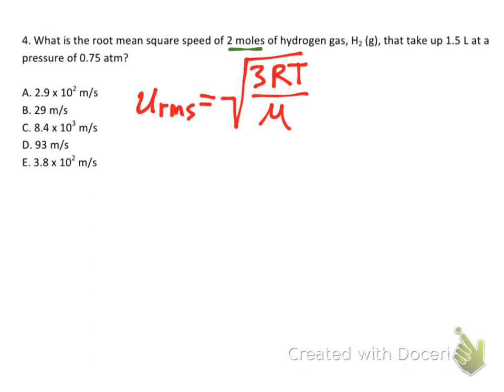We have a volume, V. We have a pressure. So we're trying to relate moles, volume, pressure, and temperature. Is there some sort of equation that relates moles, volume, pressure, and temperature? That's right. When in doubt, nerd it out.